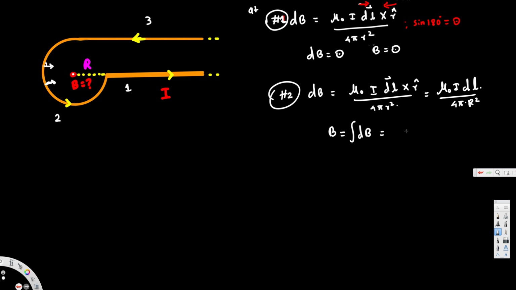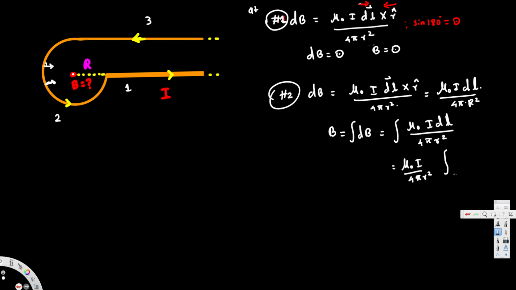So this is going to become the integral of mu naught I dl over 4 pi r square. From this equation you can see only the L value is changing, others are constant, right? Because we have dl right here, we don't have anything related to L in the other terms. So we can move all the others to the front: mu naught I over 4 pi r square, integral dl.